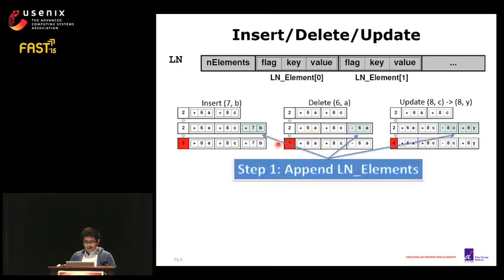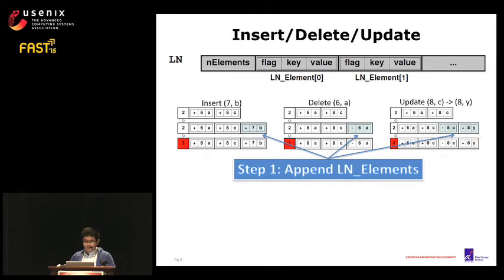The first step for insertion of a new entry, 7B, the leaf node element with a plus flag is appended. For deleting the entry 6A, the leaf node element with a minus flag is appended. For updating 8C to 8Y, 2 elements with a minus flag and a plus flag are appended.